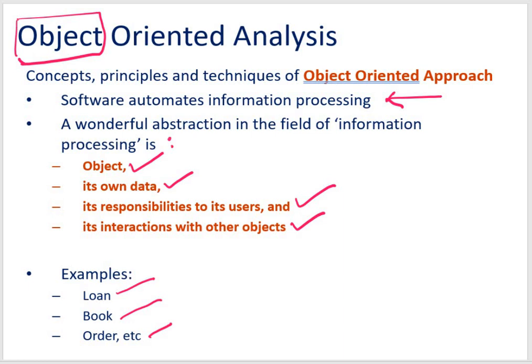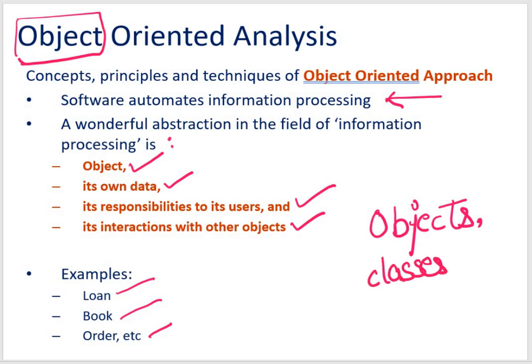So in object modeling, the static structure of the software system is modeled in terms of objects only. It identifies the objects and the classes into which the objects can be grouped, and the relationships between the objects.